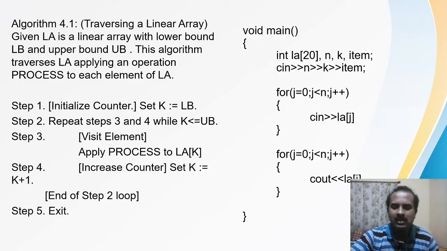Obviously the last element index will be n minus 1. So I can write k equal to 0, while k is lesser than or equal to n minus 1, cout LA of k, k plus plus or k equal to k plus 1, closing of the loop, exit.